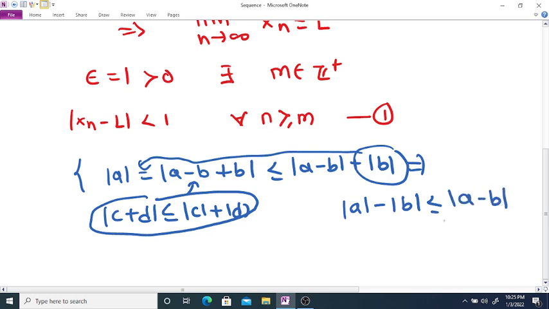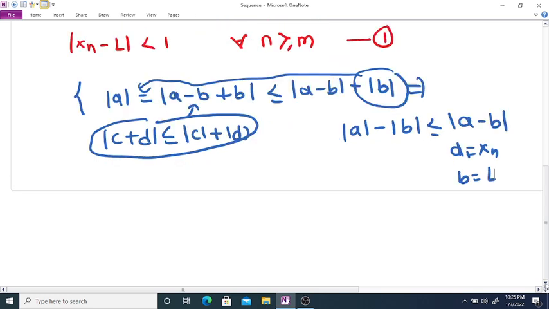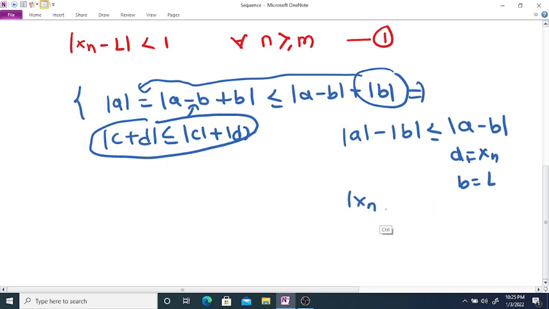So if we apply this for a equal to xn and b equal to L, we get |xn| minus |L| less than or equal to |xn minus L|.